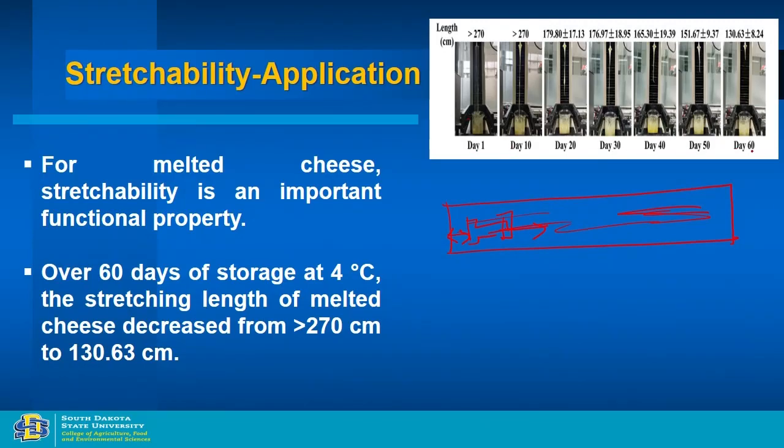As you increase the aging, the cheese softens very much, so the stretchability is less at higher storage. Initially it's 270 centimeters, and then as you increase the aging of the cheese, proteolysis happens, the protein network is damaged, so it becomes softer, and that's why the stretchability gets lower.